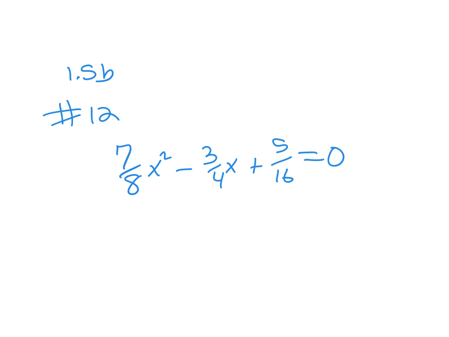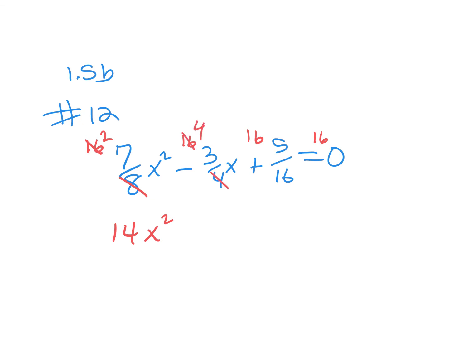I'm going to multiply this entire equation by its common denominator to get rid of the fraction first. My common denominator here is going to be 16. So I'm going to multiply every piece of this by 16. And I'll put it right up above it just so I can see what cancels. The 8 and the 16, this becomes a 2. So this becomes a 14x squared.